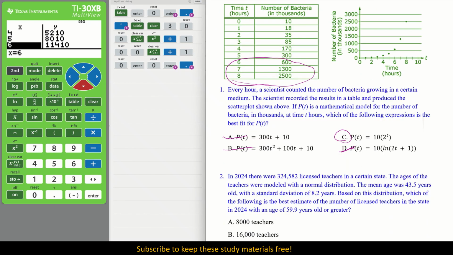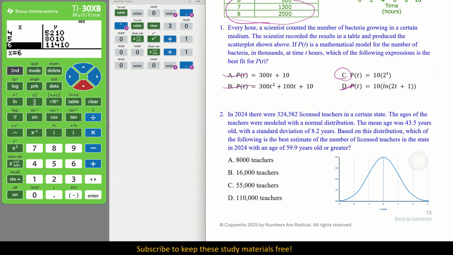Okay, let's look at number 2. In 2024, there were 324,582 licensed teachers in a certain state. The ages of the teachers were modeled with a normal distribution.